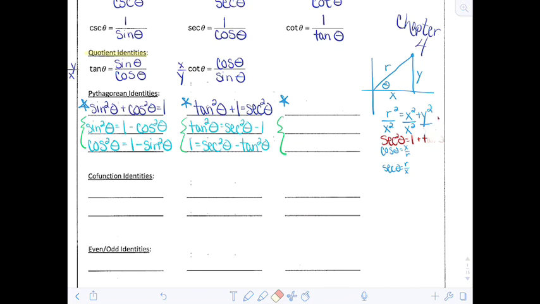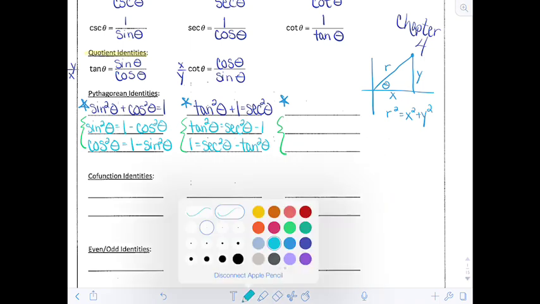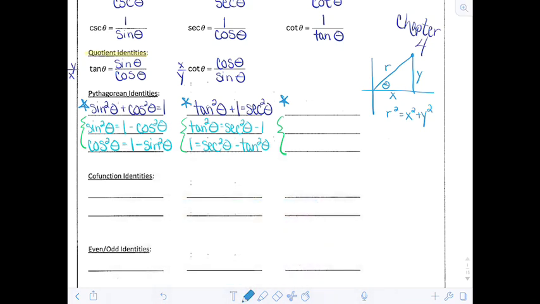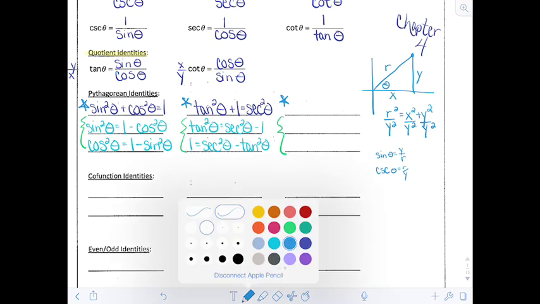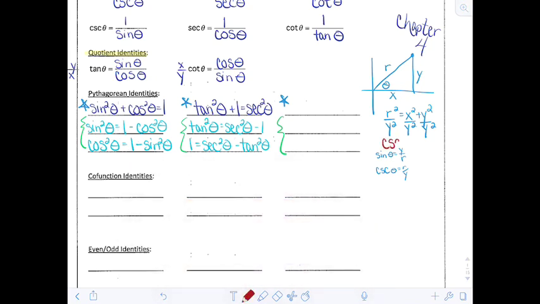Okay, and then you probably already guessed what we're going to do for the last one. We are going to divide everything by y squared. And so r squared over y squared, well, we know that sine of theta is y over r, so cosecant is r over y. So what I have is cosecant squared theta equals x squared over y squared.